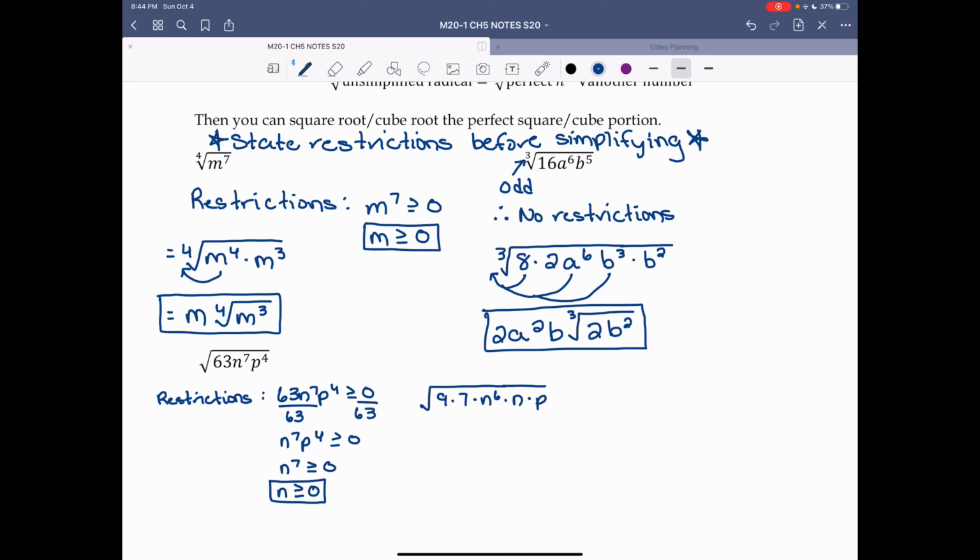And then p to the 4 is already a perfect square, so we can leave it as that. Then we want to take the perfect squares out from under the root, which are 9, n to the 6, and p to the 4. And we get 3, n to the 6 divided by 2 is n to the 3, and p to the 4 divided by 2 is p to the 2. And then we have the square root of 7n.